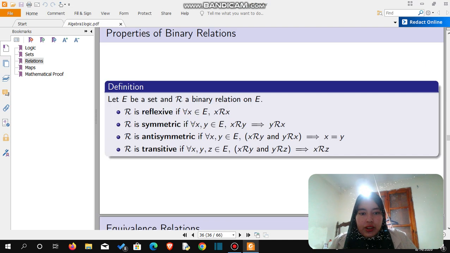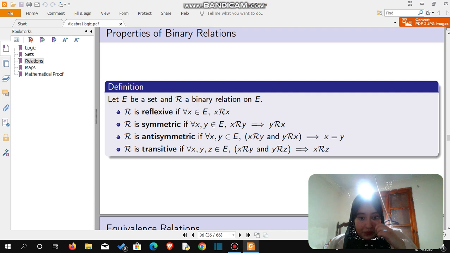Properties of binary relations: let E be a set and R a binary relation on E. R is reflexive. Reflexive means that every x has a relation with itself, so for all x in E, x R x. R is symmetric if, for x and y in E, x R y implies that y R x.